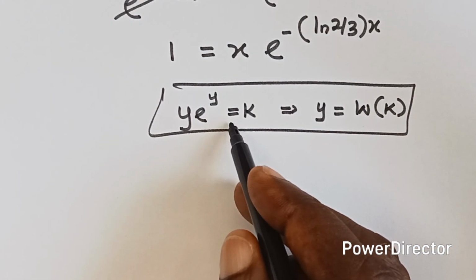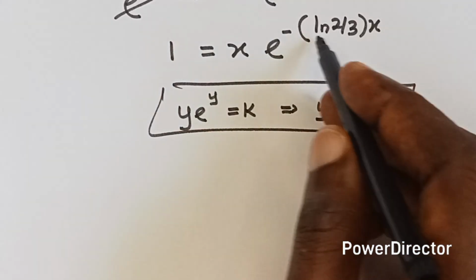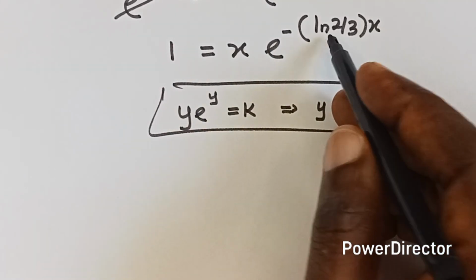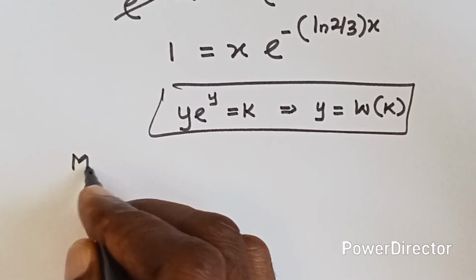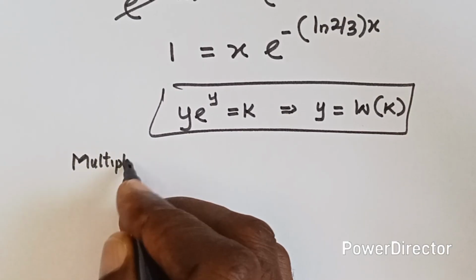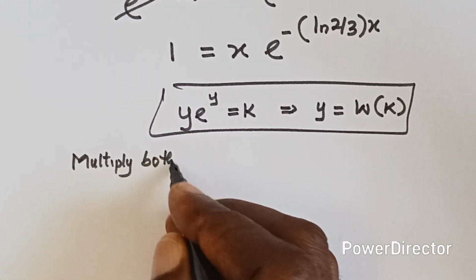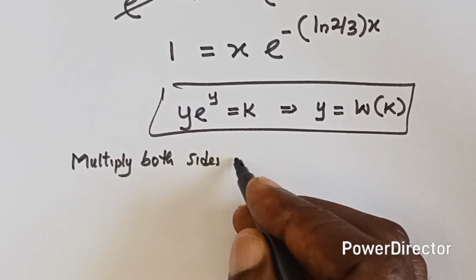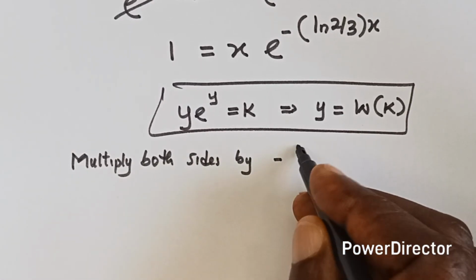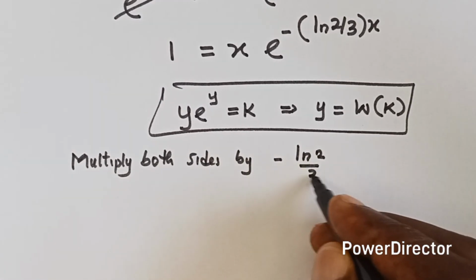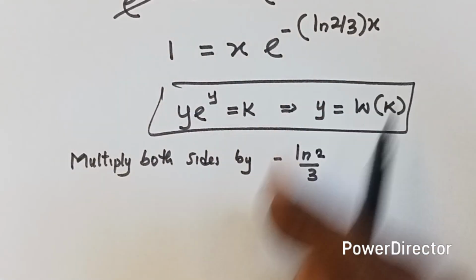And then what do we do? We multiply both sides by minus ln 2 over 3. Let me write it. We multiply both sides by minus ln 2 over 3. That is what I have in this place.